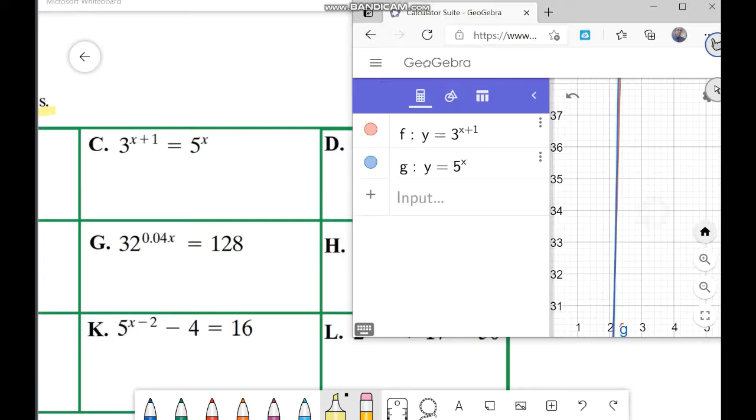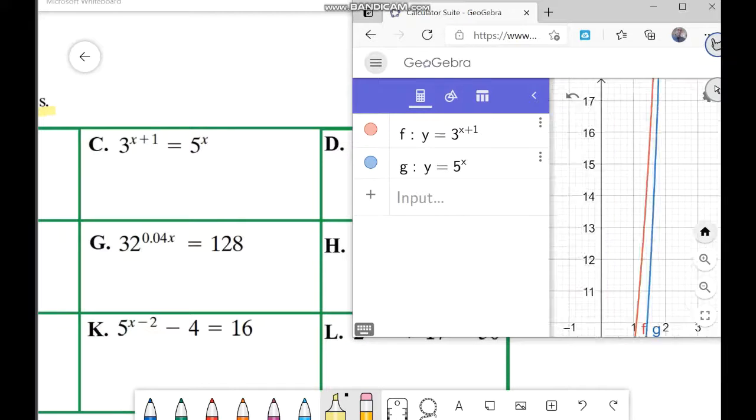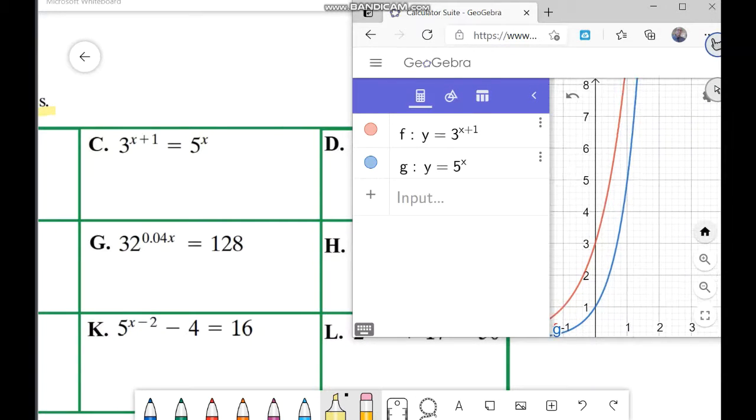One thing you can do, if you cannot find the intersection, there is a function you can use.